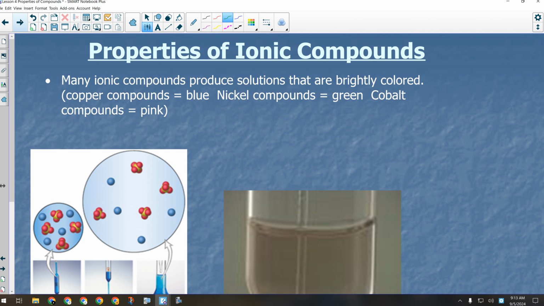So the big ones will be: copper-containing compounds will be blue. Nickel-containing compounds will be green. And cobalt-containing compounds are pink to red.